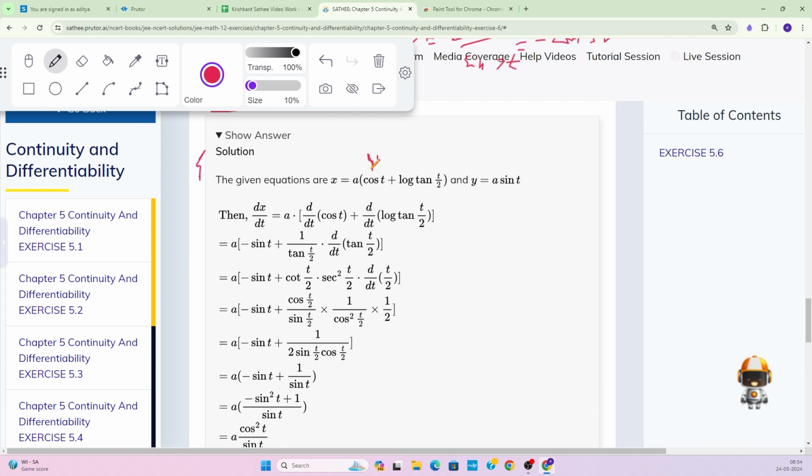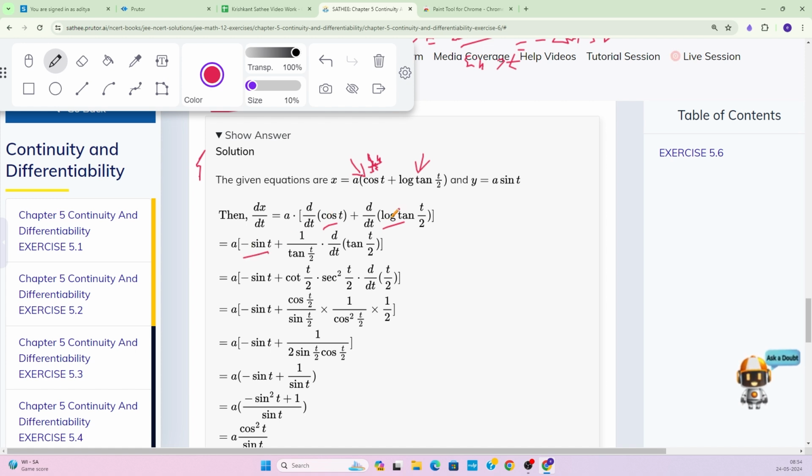Now the derivative of this and the derivative of this, we add them, and you will get your dx over dt. So a multiplied with the derivative of the cos form, and the derivative of the log tan form. You will get minus sine t.